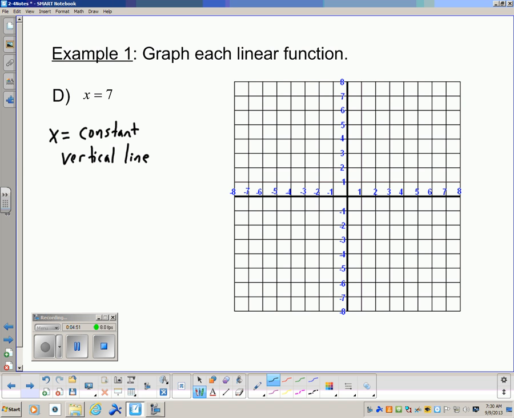And when it's x equals, if you remember, that's where it hits the x-axis. So the x equals is here at 7. And then I'm just going to draw a vertical line right through that. So when you've got an x equals, it's a vertical line. When you've got a y equals, it's a horizontal line.